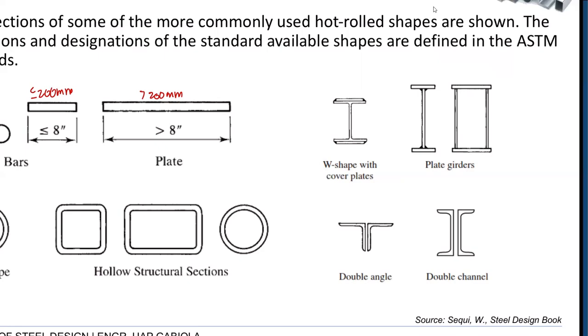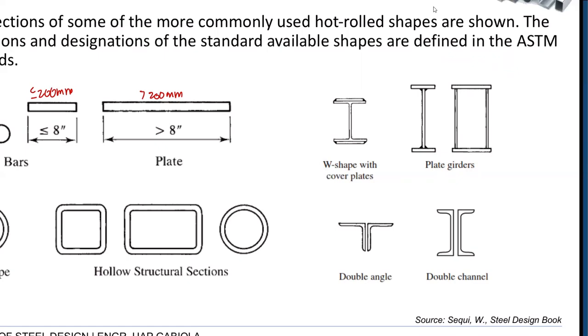That will be a very deep member, no? So ibig sabihin malalim na member. Kaya yung height niya or yung depth niya usually is greater than 1 meter. So you have to create a built-up section already.